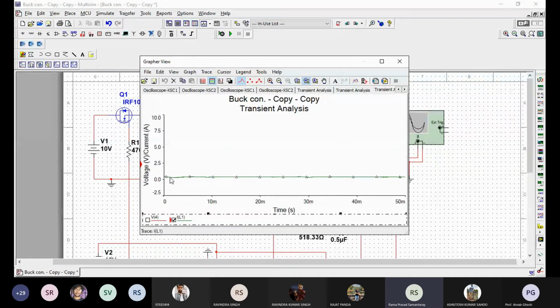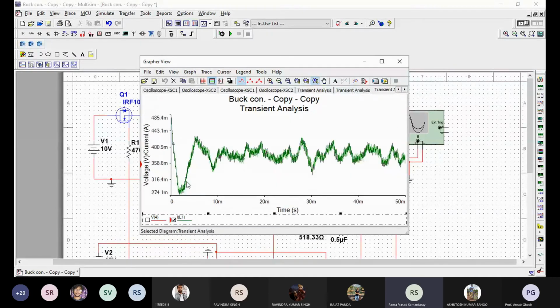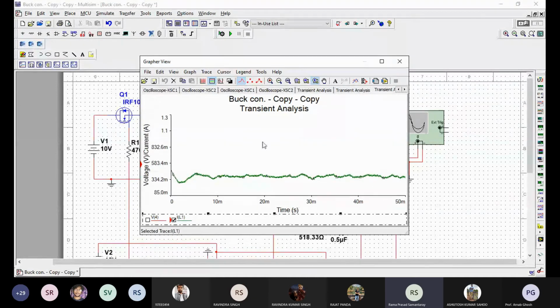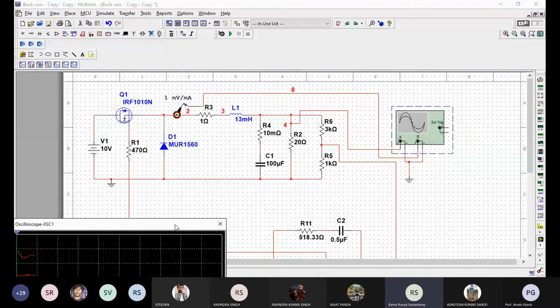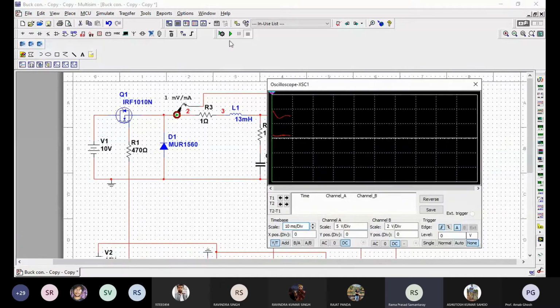So separately you can see the waveforms by zooming this, and using this CRO you can see the waveforms.